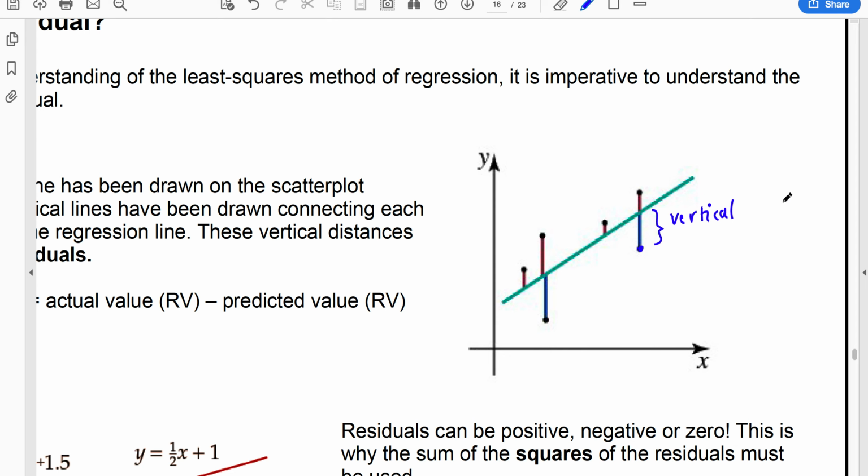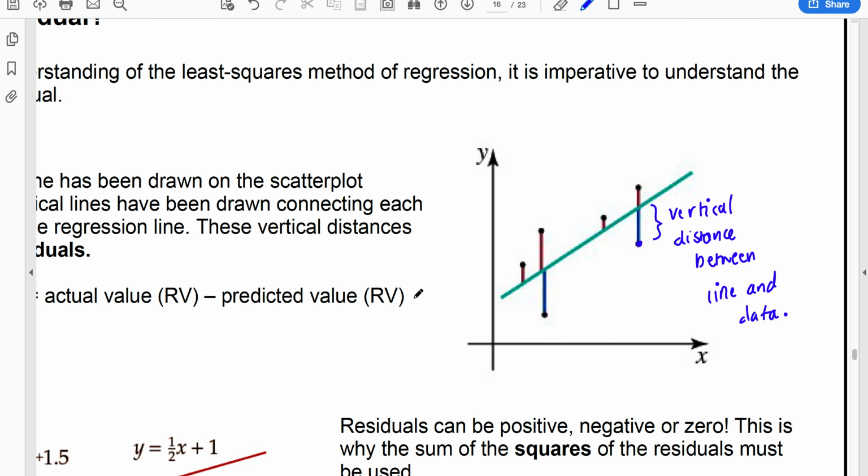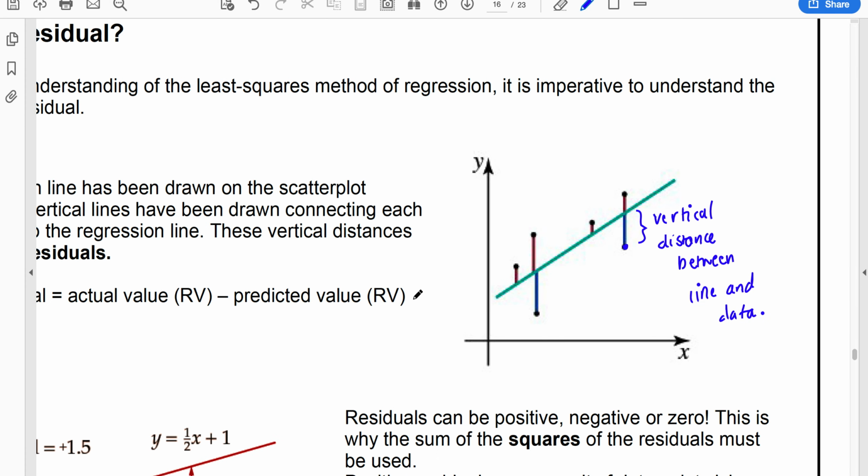I just might go over that. So vertical distance between the line and the actual data itself. Now that there is really a definition of a residual.